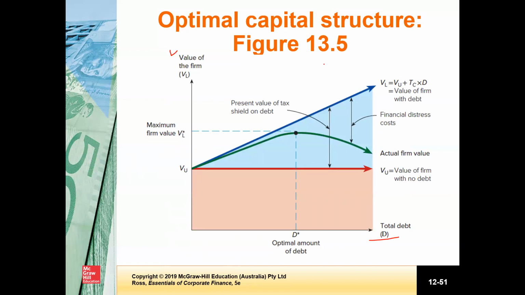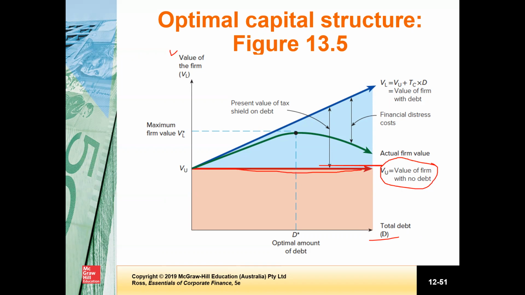This is the horizontal line extending from the unlevered firm VU, and it indicates that the value of the firm is unaffected by the capital structure. This corresponds to proposition 1. No changes as the firm uses debt, because we previously discussed that the value of the firm is unaffected by the level of debt.